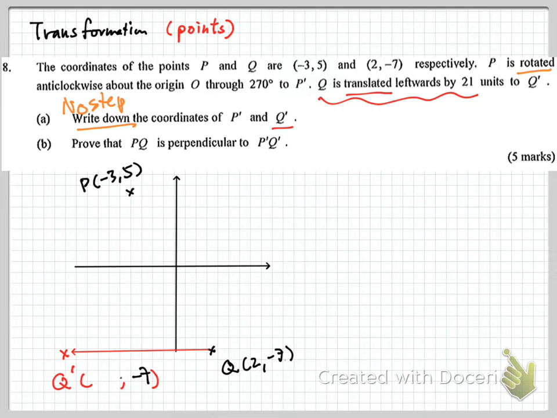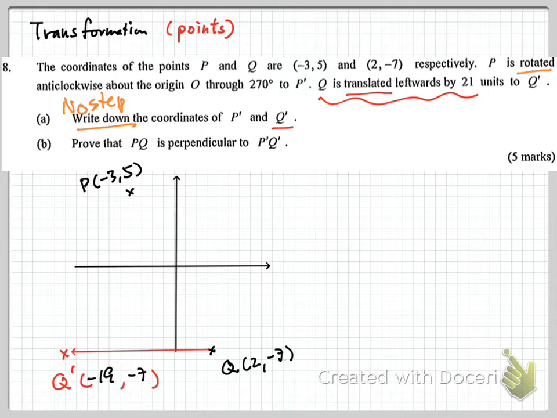In other words, it goes to (-19, -7), sorry, it is a third quadrant point. So both the diagram and the mathematics are telling you that it is a third quadrant point. So far so good, right? So this is point Q prime. Q is moved to the left by 21 units, so you subtract 21 from 2, keeping the -7 intact. There's no change in the y position.